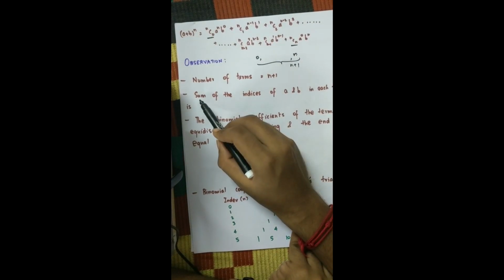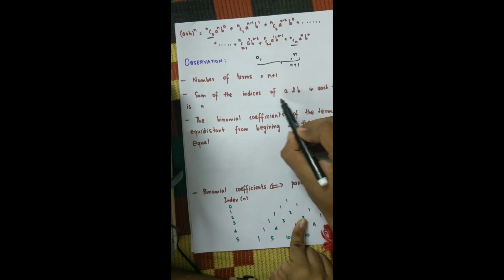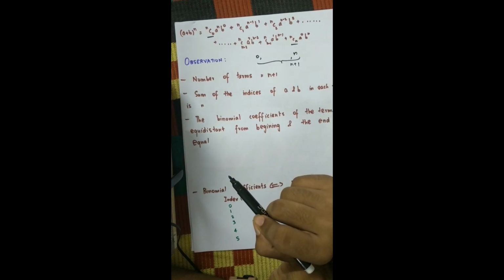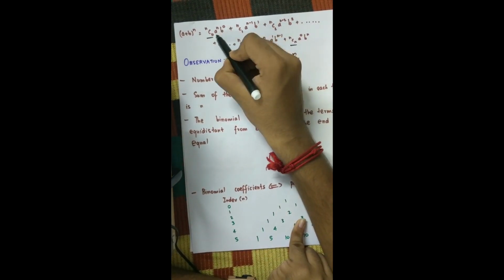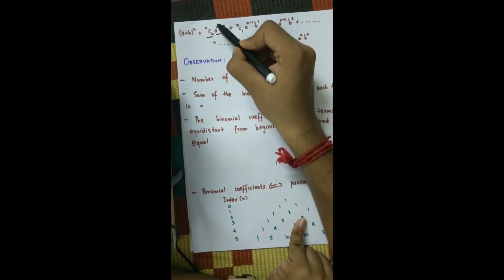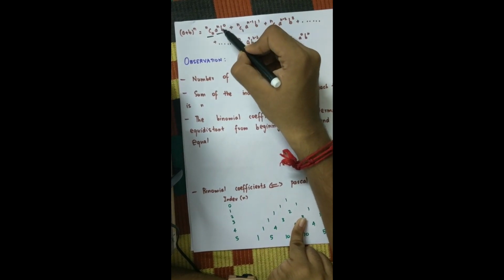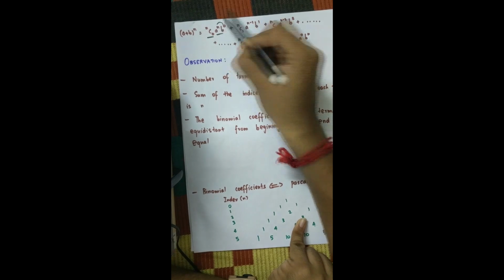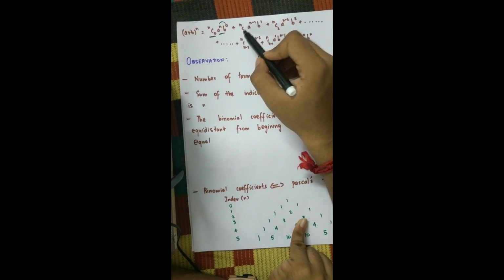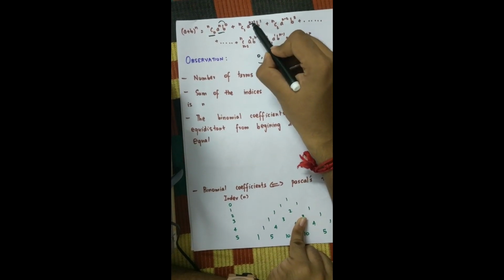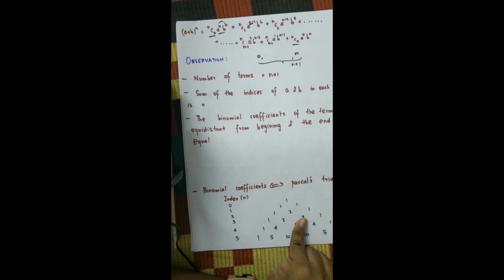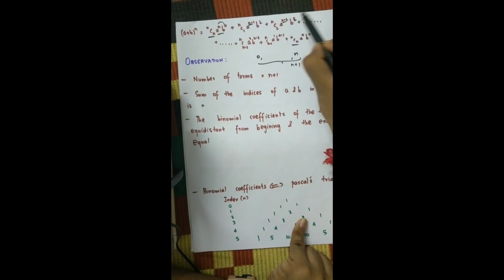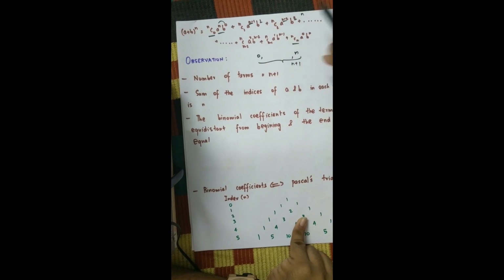The next property is that the sum of the indices of a and b in each term is going to be n. Let's take this: the index of a is n and the index of b is 0, so n plus 0 is n. Similarly for nC1, it is n minus 1 plus 1, which is n. Then n minus 2 plus 2 is n, and 0 plus n is n.